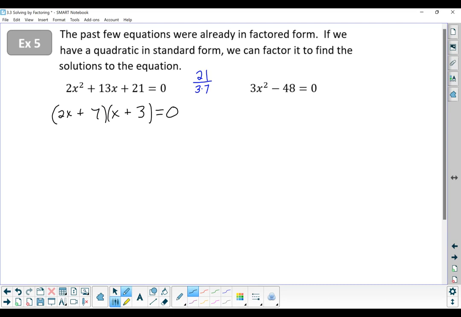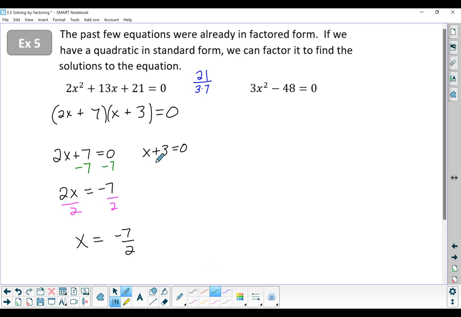So we factored it this time, but now that we have it factored, we're ready to get our two solutions. One solution comes from each of our factors, and we can solve these two little equations, first subtracting the 7, then dividing by 2 to get our first answer, negative 7 halves.